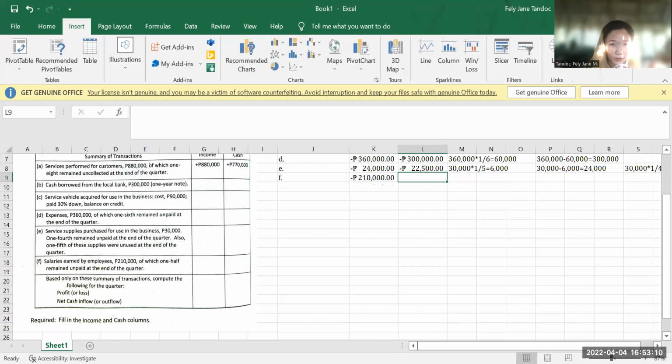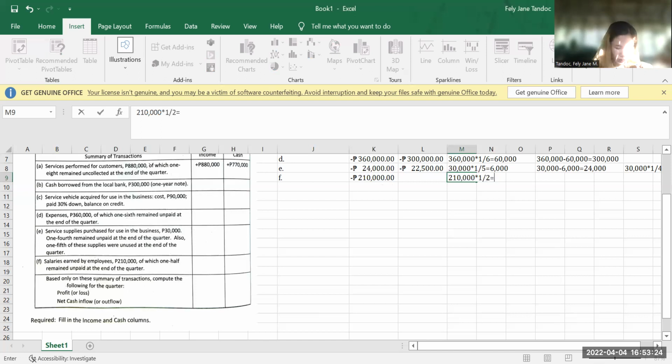And then for the cash, 210,000 times 1/2 is equal to 105,000.